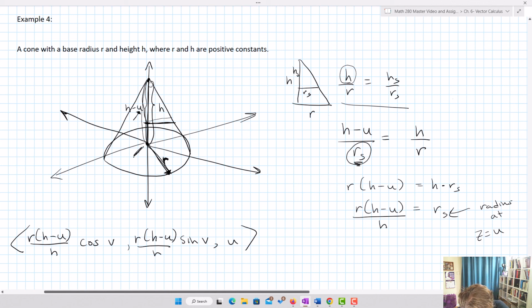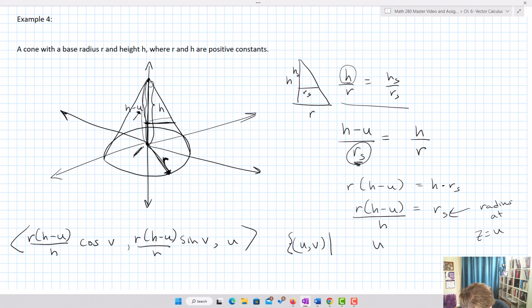Then all I've got to do is define my set, U and V, such that U is greater than or equal to 0 and less than or equal to H, and V is greater than or equal to 0 and strictly less than 2 pi.